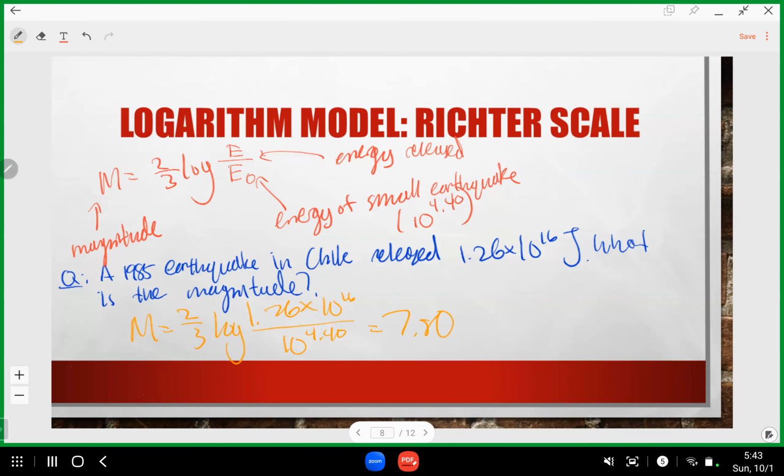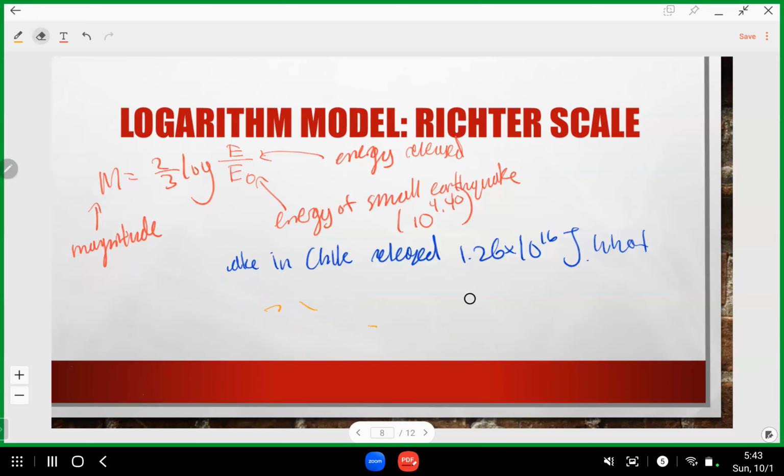So now let's go on to another problem that we can do with the same scale. Then we'll move on to the equations.